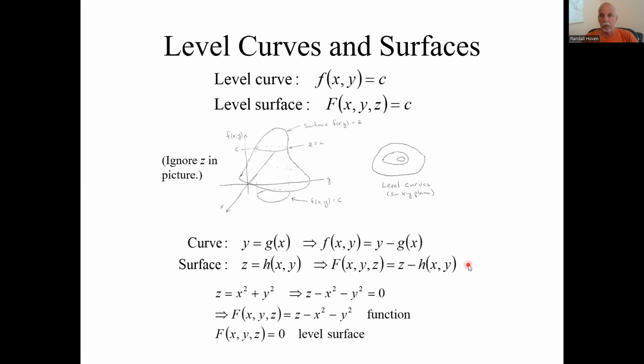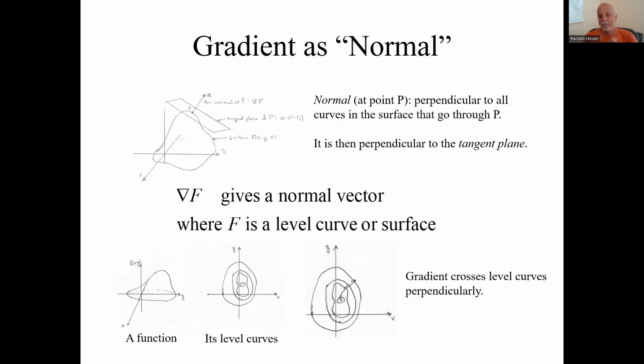But if there are three variables, you get a level surface. Here's a couple of examples. Somebody gives you z equals x squared plus y squared. Here's the function you make out of it. There's the function we need. Once you set it to a constant, that's when you get the surface or the curve.